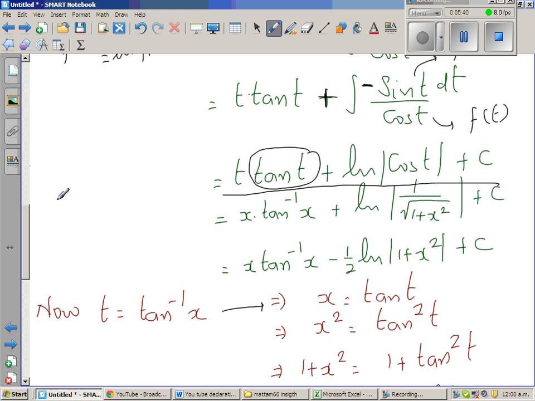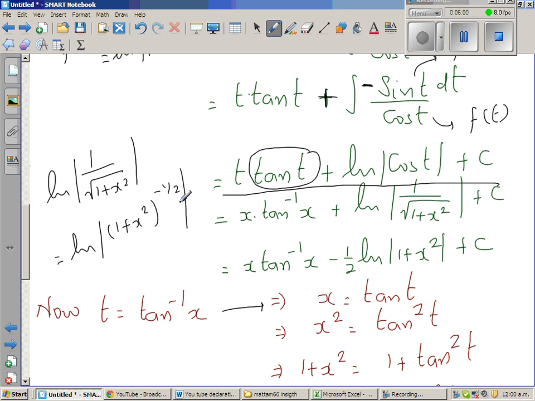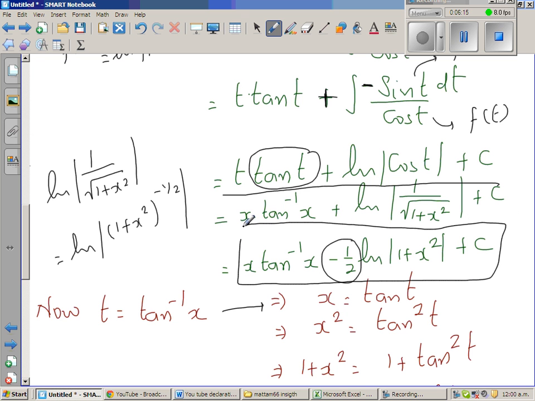Here, natural log of 1 over square root of 1 plus x squared is nothing but natural log of 1 plus x squared to the power negative half. Applying the log rule, this half can be multiplied out, and that's how I got this negative half, and the square root is removed. So this is the most simplified form of the integration of tan inverse of x.